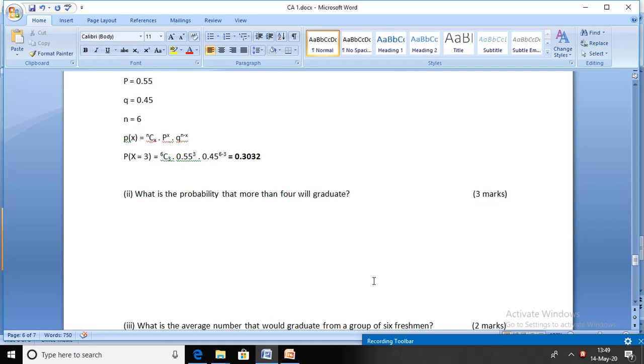So you don't need to use 1 minus the probability of 0, 1, 2, 3 or 4 because that will be a longer route. The shorter route is to get the probability of 5 and the probability of 6 because the sample size is 6.